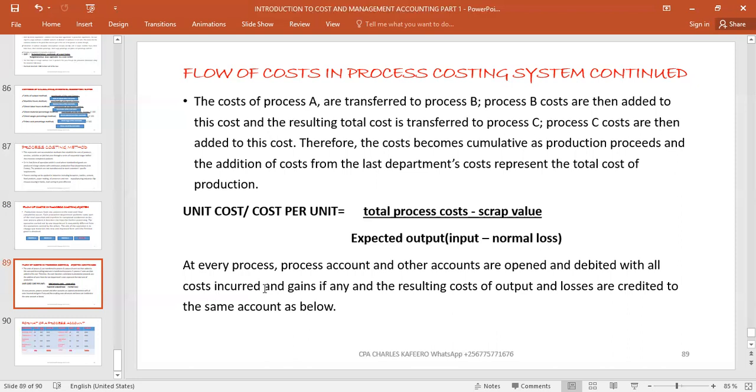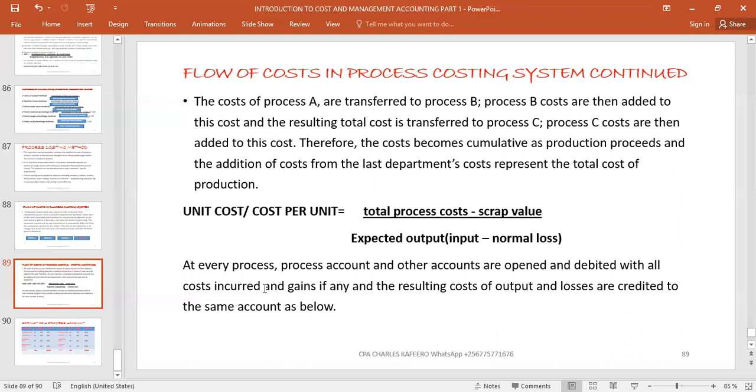And here, what happens is that when we get the output, then this output is supposed to be credited. The reason why it is credited is because it is coming out as what we've got in terms of what we've put in. And all of those gains and losses, you now know where to put them.